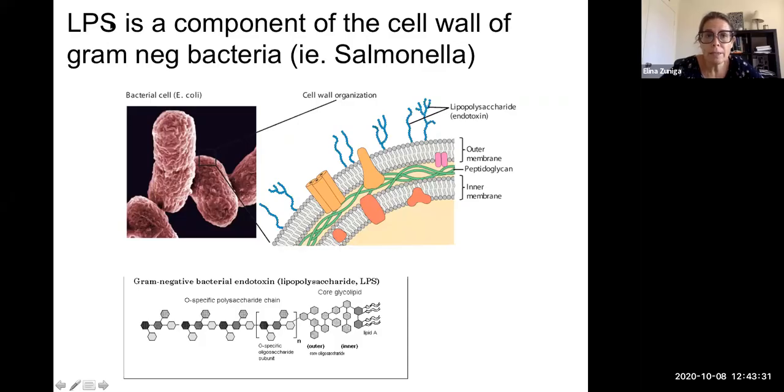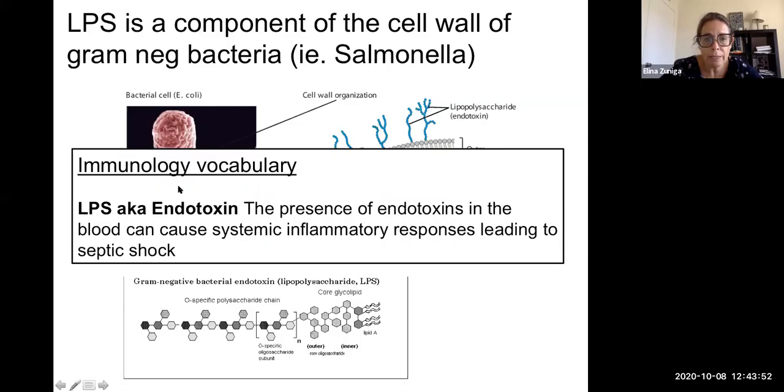LPS is a component of the cell wall of gram-negative bacteria like Salmonella or Escherichia coli, and basically is constituted by a long saccharide chain bound to a lipid, okay? And this is what toll-like receptor 4 will recognize.